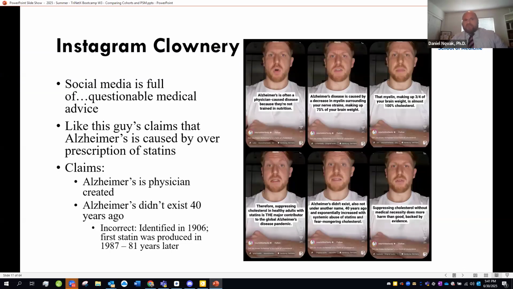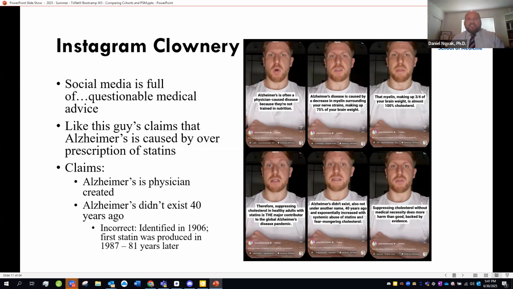And again, we're returning to our example study, which was inspired by this piece of internet clownery about Alzheimer's being a physician-created disease caused by the overprescription of statins, and that Alzheimer's didn't even exist 40 years ago, and that's why it's a complete scam, and that statins are really the cause in that overprescription.